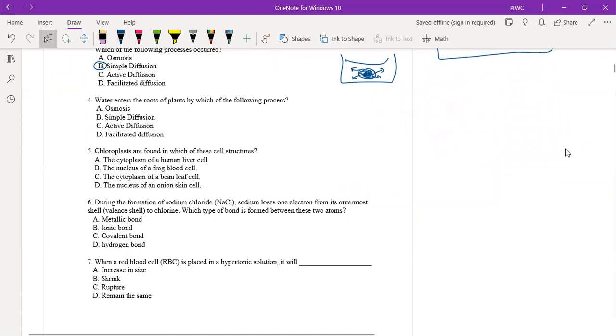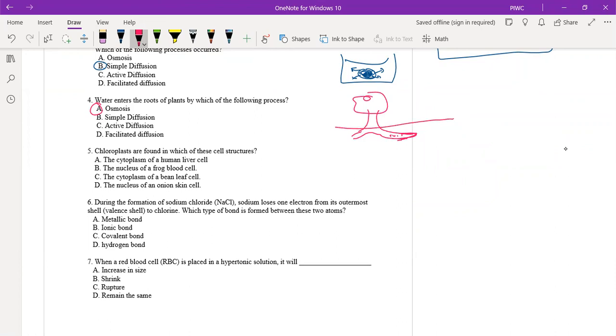Water enters the root of plants by which of the following process? Osmosis, simple diffusion, active diffusion, facilitated diffusion. Osmosis. By osmosis, correct. So remember the roots have a membrane around them, right? Cell membrane. And within this, you have dissolved salts.